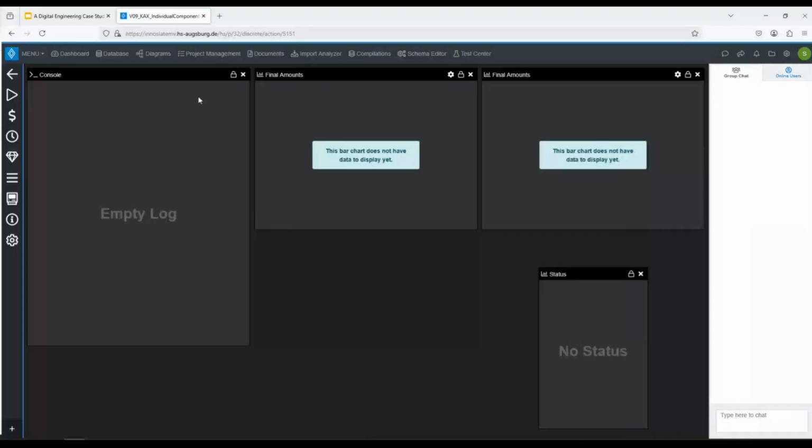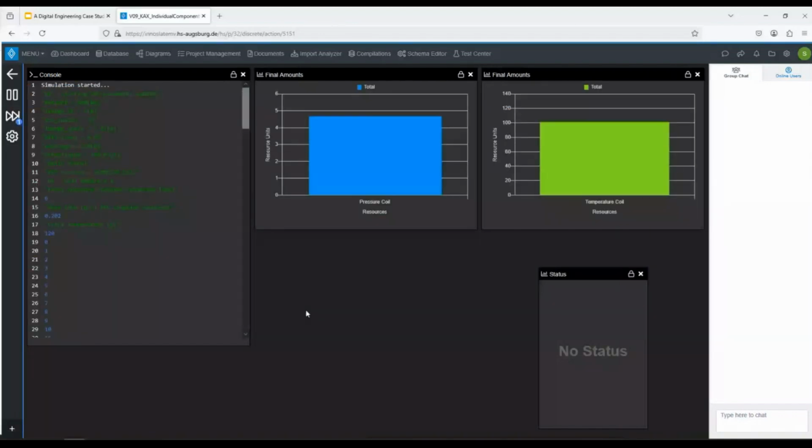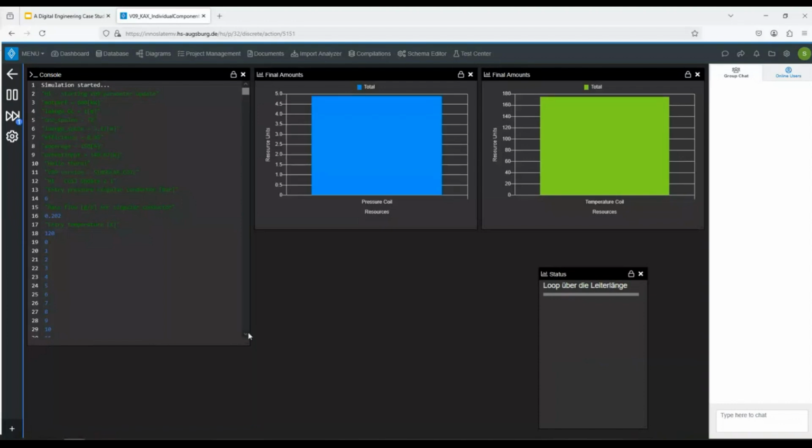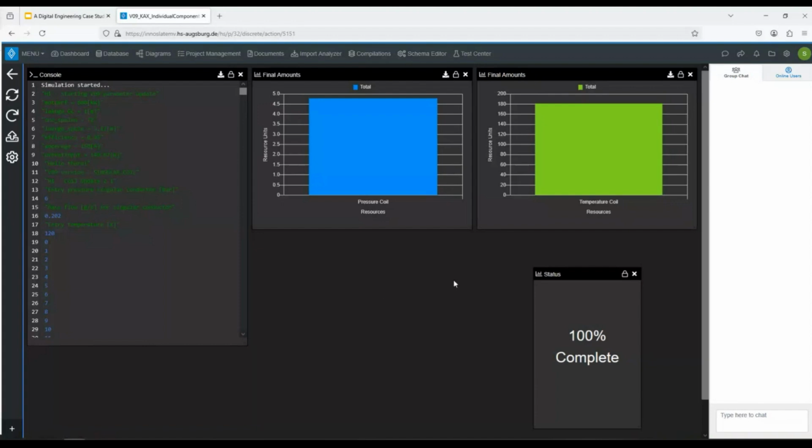What I've been doing here is tracking the final amounts of our exit pressure and our exit temperature. And I'm also running a console to see if anything goes wrong during the simulation. This is quite helpful. And now the simulation is complete.